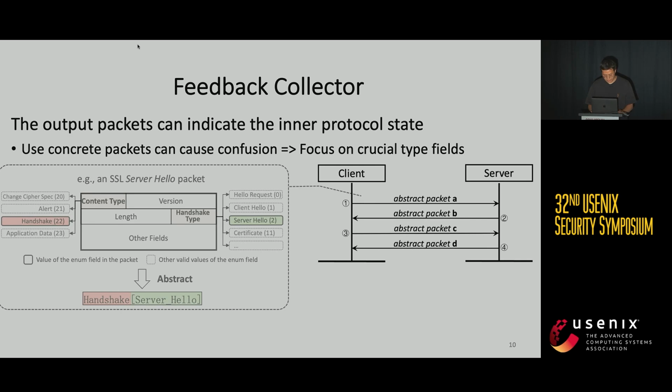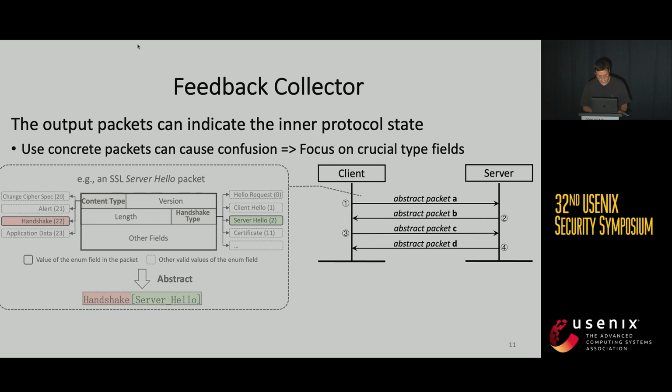We abstract away those details and focus only on key fields that determine the packet type, because those fields often correspond to enumeration fields, like the content type and handshake type in this packet. This method allows us to abstract all packets in a conversation.